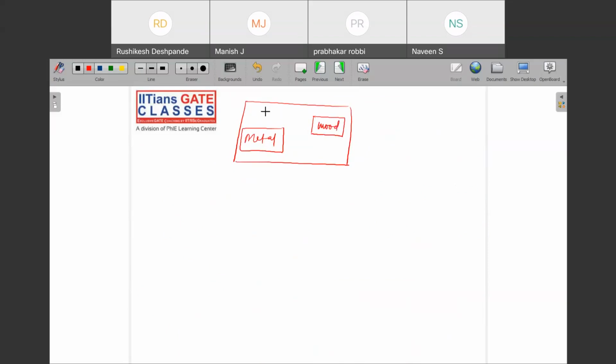Let us say an air conditioner was functioning in this room, and the room has attained a uniform temperature of, let us say, 21 degrees Celsius.